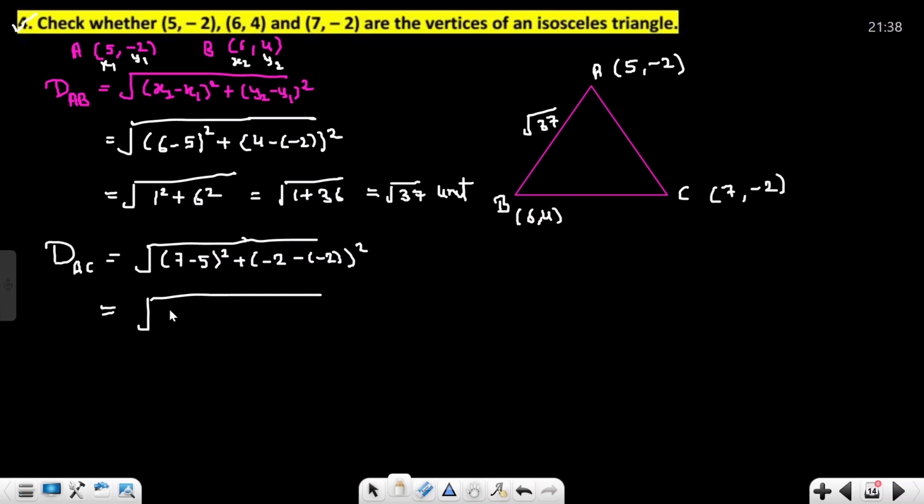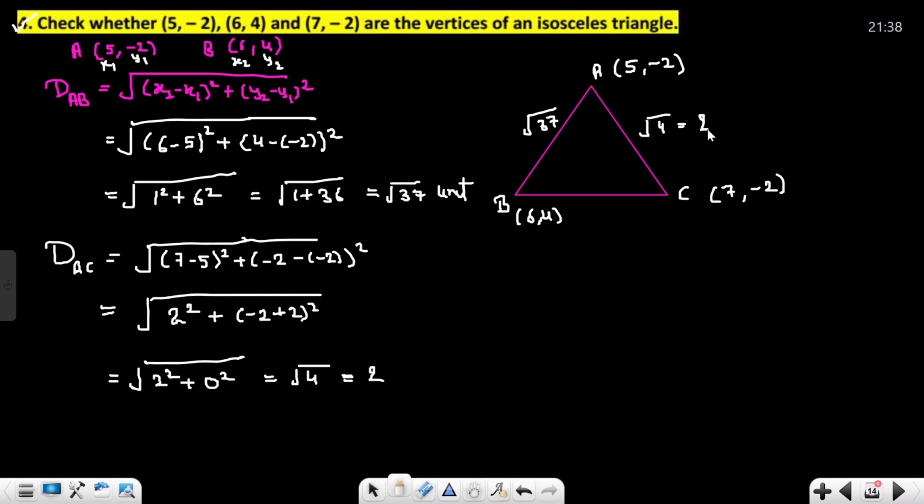So 7 minus 5 is 2 square, plus minus 2 plus 2 is 0. 0 square is what? 0. So what we get? 4 plus 0 is 4. Root 4 means 2 unit. Distance is always positive, not negative. Similarly, we get the value of AC is root 4, which means 2 unit.